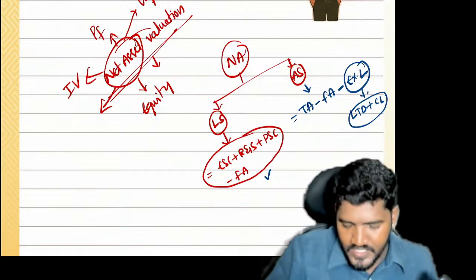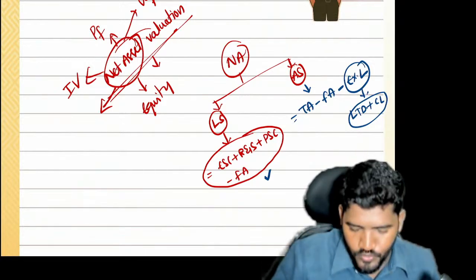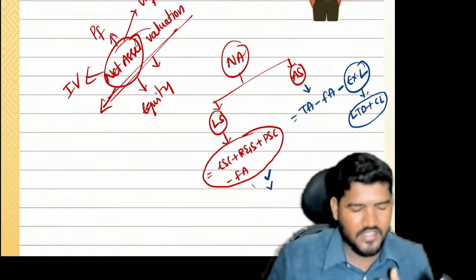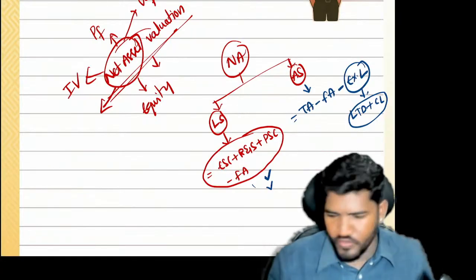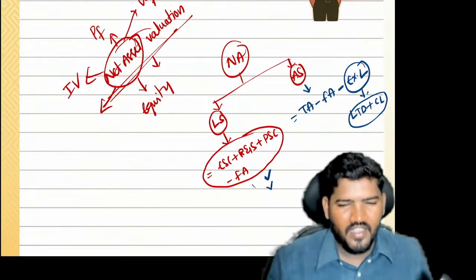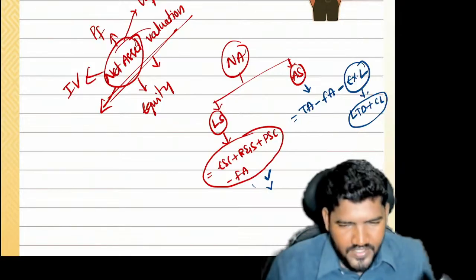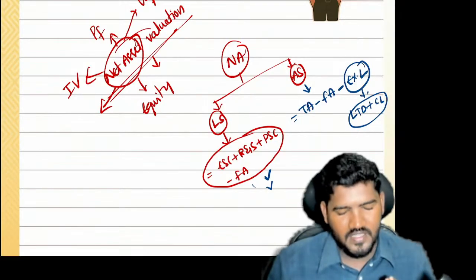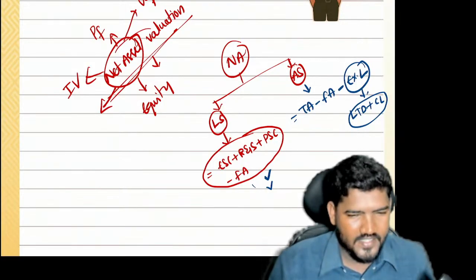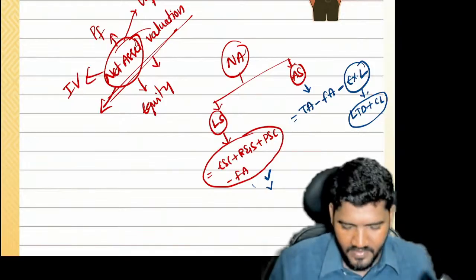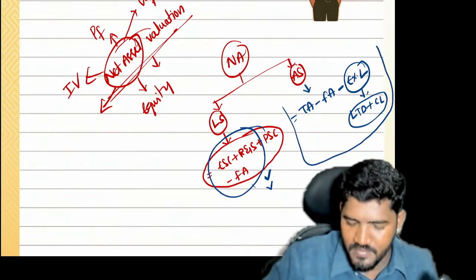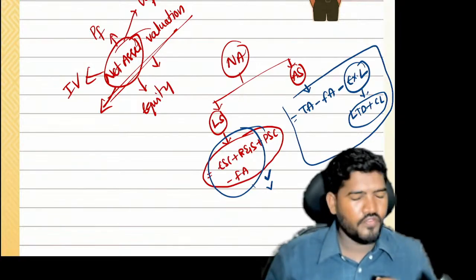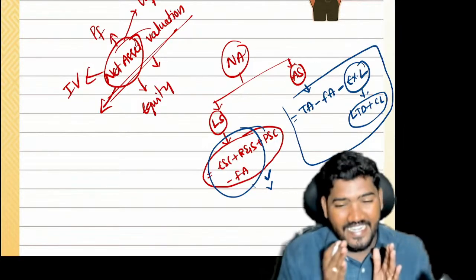That's why don't use this for the net assets valuation calculation. You can use it, no issue, you will get the same answer, but the issue is the presentation looks like 3 to 4 lines. For 3 to 4 lines, some valuers do not give 7 marks. That's why don't use this presentation. Go with this one: total assets minus, if any, fictitious assets, and you will get the net total assets.